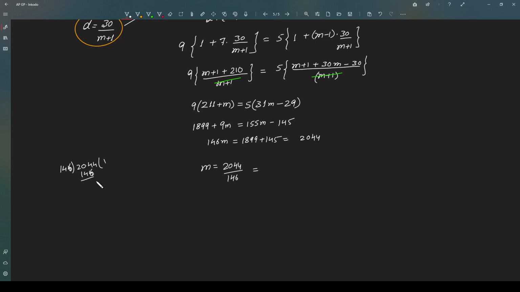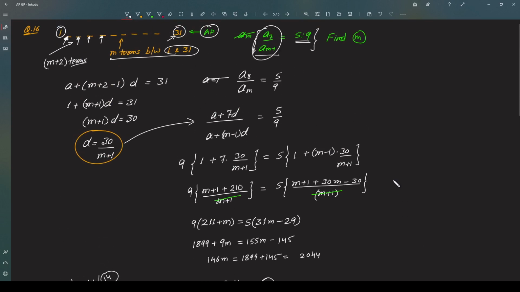So here the value of m will be 14. This is our required answer.